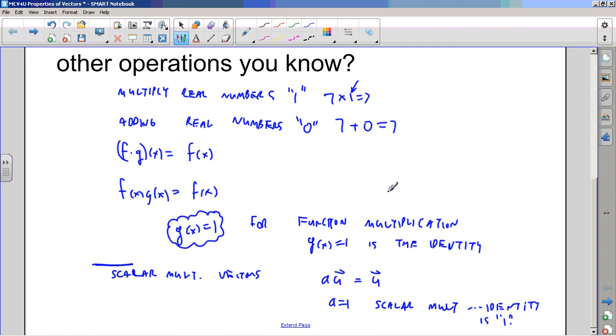And for almost every operation, there is an identity. For most, anyway. This is the sort of thing we're talking about today, which is these ideas of what we can do in general to vectors. So for instance, if we had two numbers and we're multiplying them, does it matter if we switch the order?